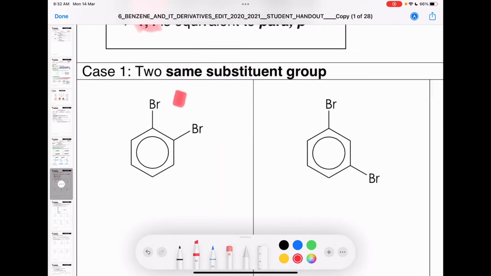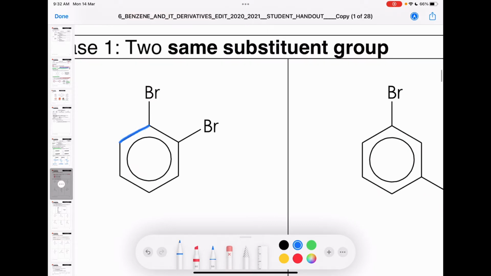Now, as you can see here, for bromine, usually we don't use halogens to be included as a parent chain. So in this case, the parent chain is 100% our benzene ring.